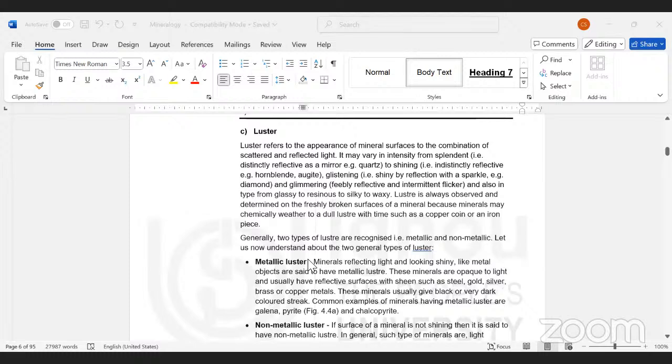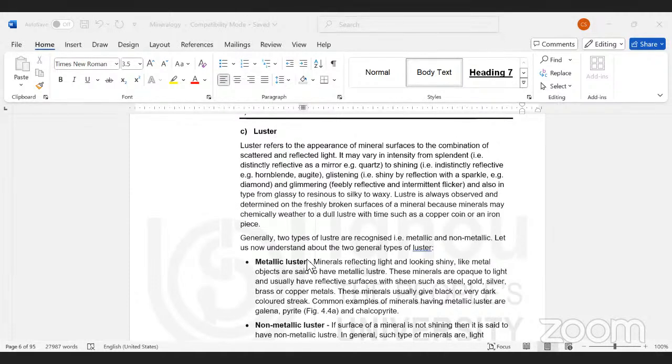And the third one is luster. Luster is speaking about the appearance of a mineral surface. Suppose light falls on a mineral. Sometimes it is reflecting, and we can see it shining.